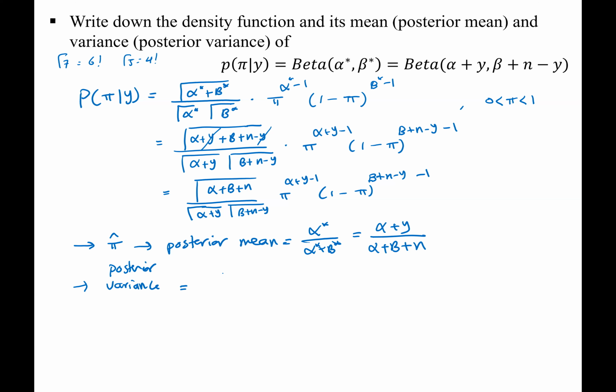I know the variance of this distribution as well. The formula is alpha star times beta star divided by alpha star plus beta star squared times alpha star plus beta star plus 1.